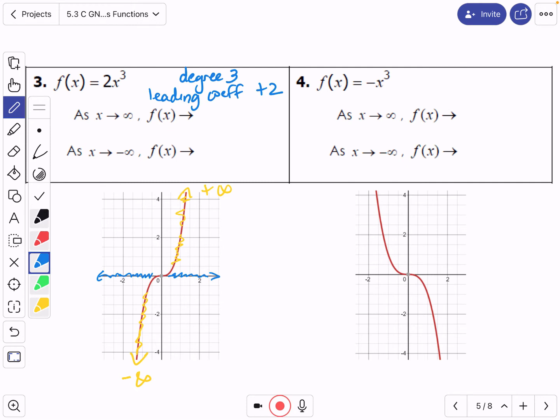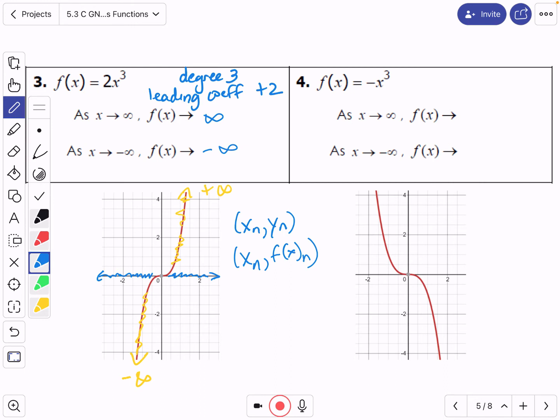And what I see is that as x goes to infinity, f of x, the output value, and again, just to remind you, x sub n comma y sub n, input output, or we might call it x sub n, f of x sub n, it's always a pair. So as I put in bigger inputs, what is happening to my output value? It is getting more and more positive towards infinity as my input is getting more and more positive towards infinity. So as x goes to infinity, f of x goes to infinity. And as x goes to minus infinity, f of x goes to minus infinity.